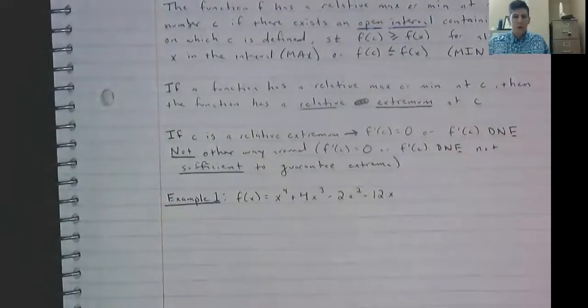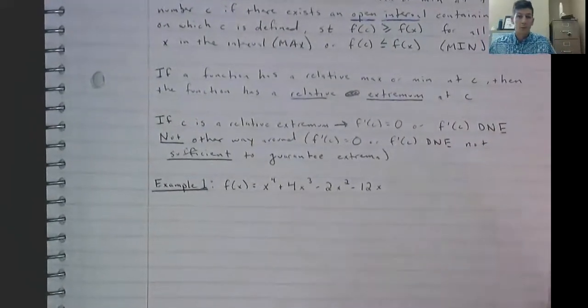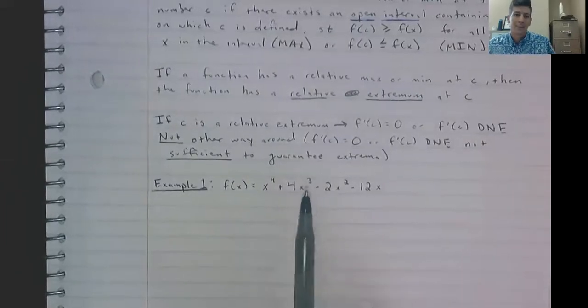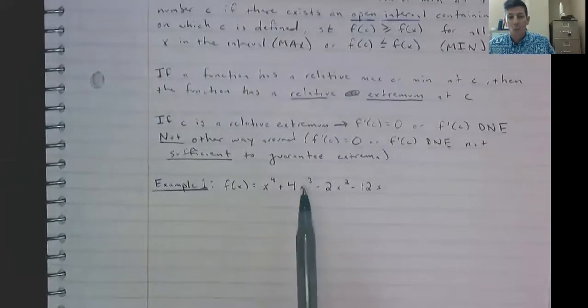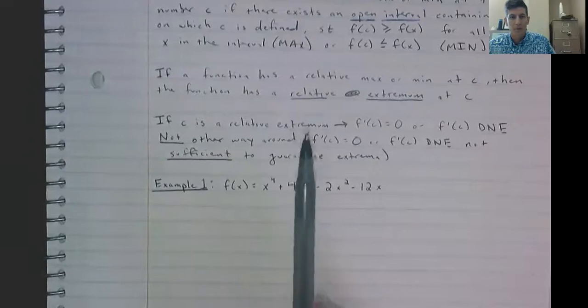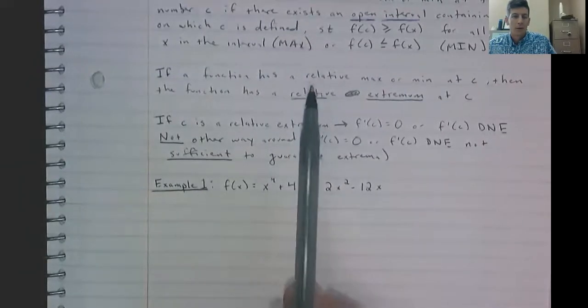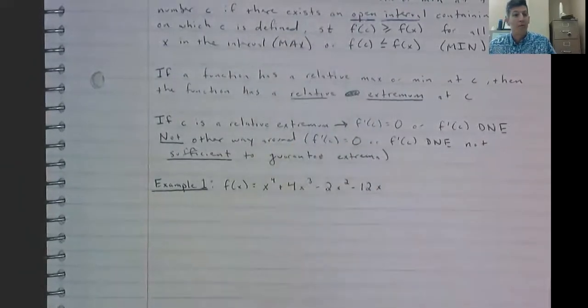We're going to do two things in example 1. We're going to let our graphing utilities give us an idea of where our extrema might be, and then we're going to use the notion of critical numbers that we established up here to confirm that those are in fact critical numbers.